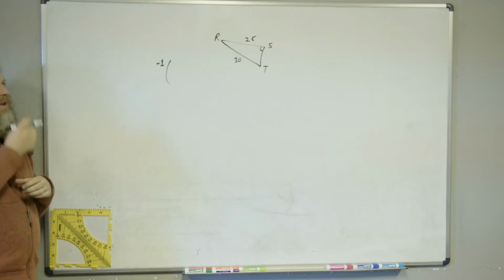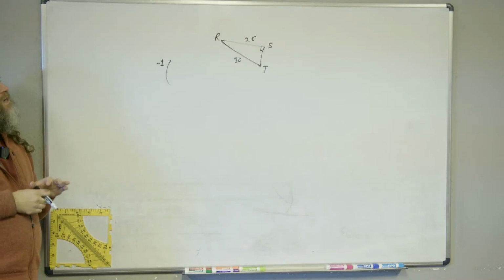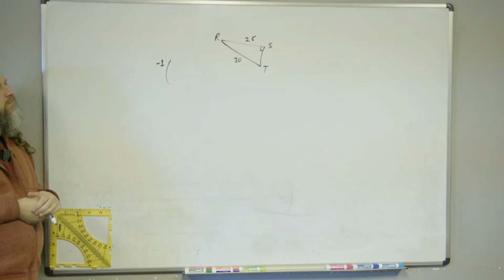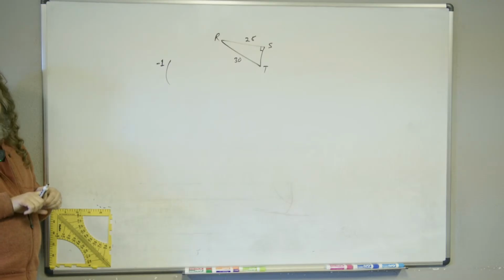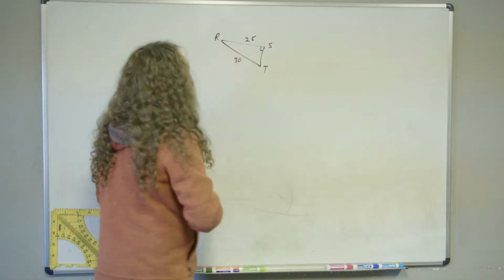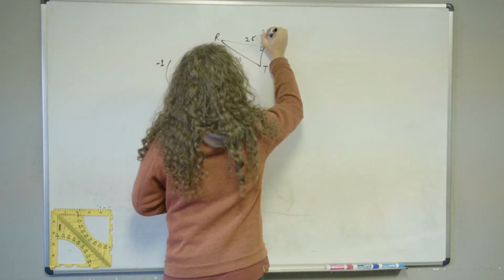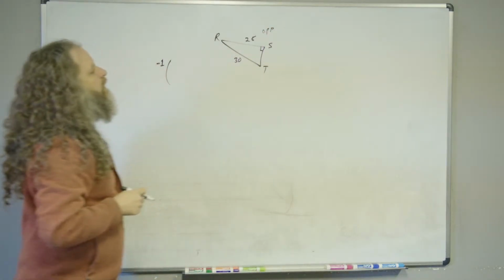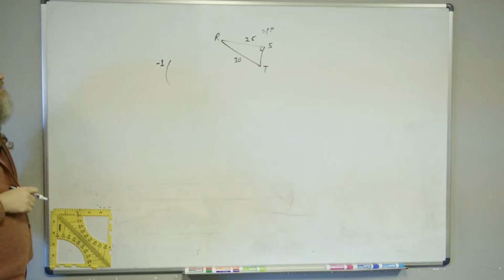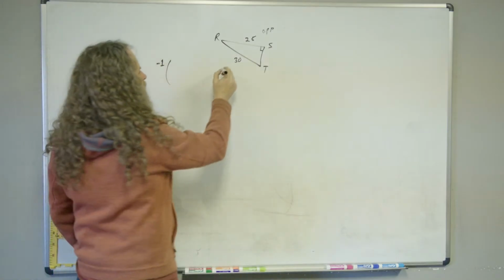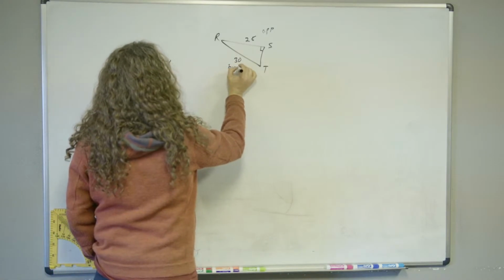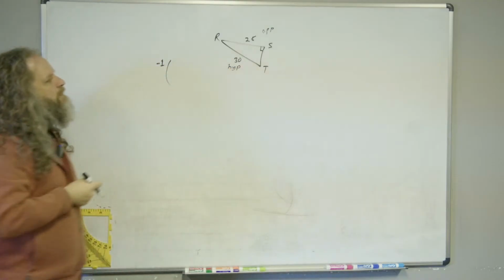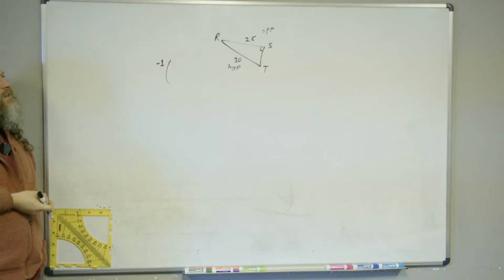What is 25 to T? Is it opposite, adjacent, or hypotenuse? Adjacent will be right next to, so it's not adjacent to the T. You mean opposite. That's probably true. So we've got opposite. What about the 30? Hypotenuse. True enough. So which trig function has opposite and hypotenuse? Sine.